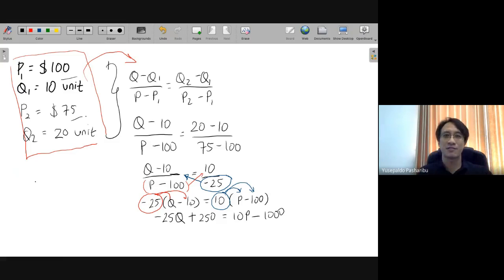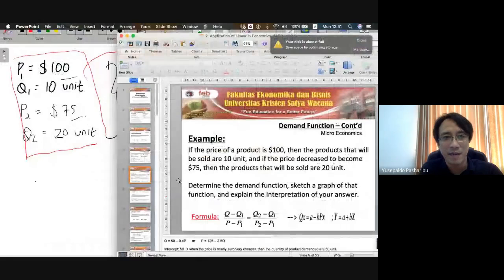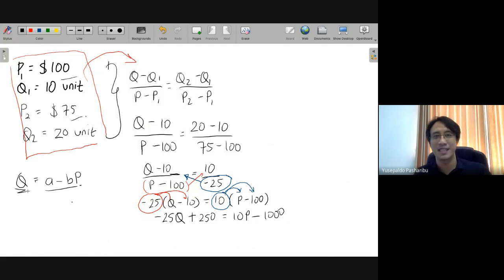And then keep the Q, the form. Let's see the form. The form is Q equals A minus B px. So keep the Q on the left hand side and put the other variable and the other number on the right hand side. So keep the Q: minus 25Q equals 10P minus 1000, and put it there.